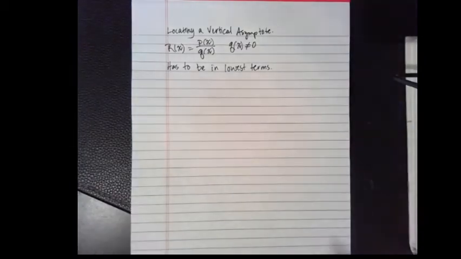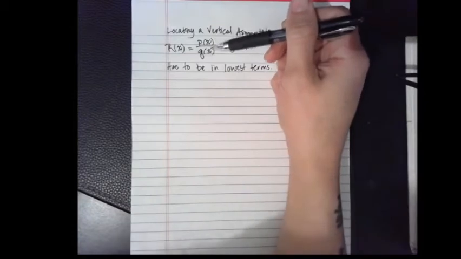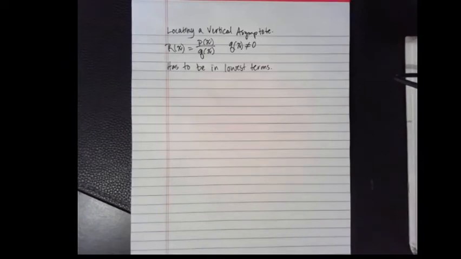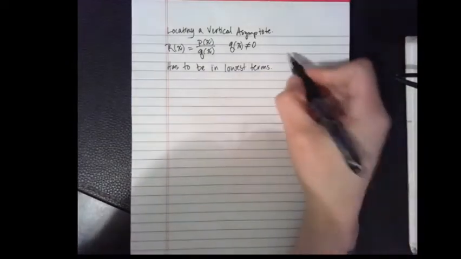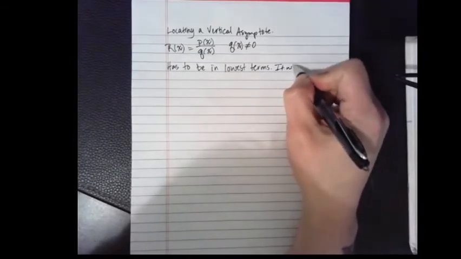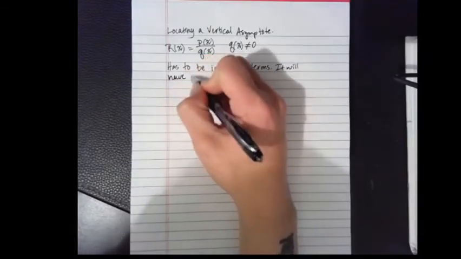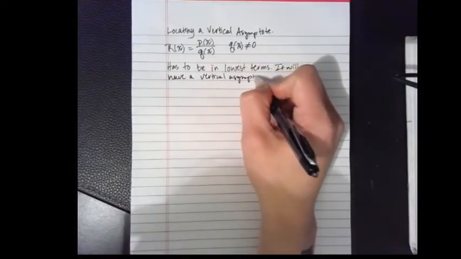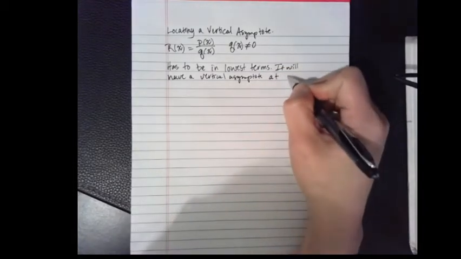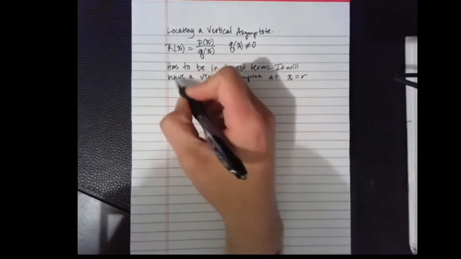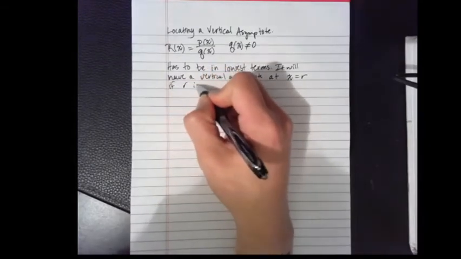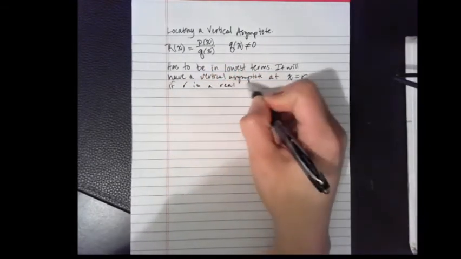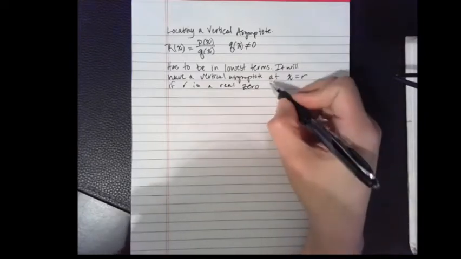Which means if we're looking at two equations here being divided, then we need to factor them completely and cancel out anything that we can cancel out. Okay? So it will have a vertical asymptote at x equals r if r is a real zero of the denominator.